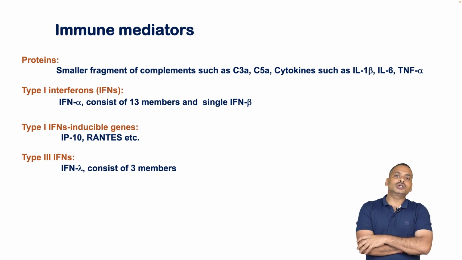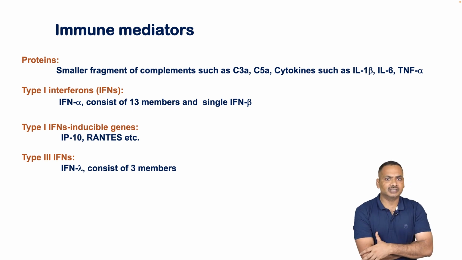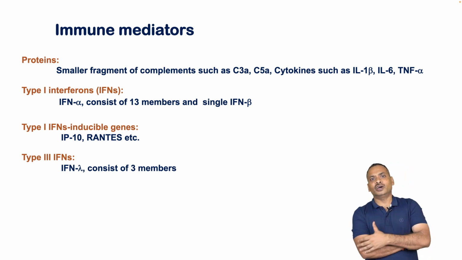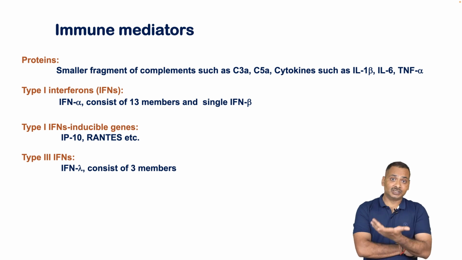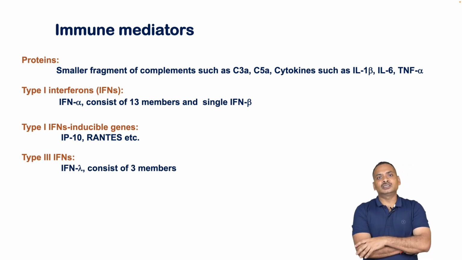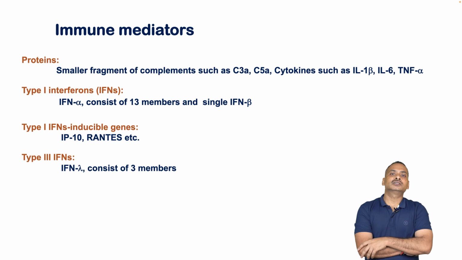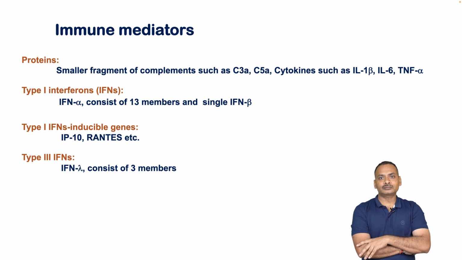There is one more class of molecules which recently came into the limelight in immunology, particularly viral immunology, that is type 3 interferons. Type 3 interferons are also called interferon lambda, and they consist of three members, lambda 1, lambda 2 and lambda 3.